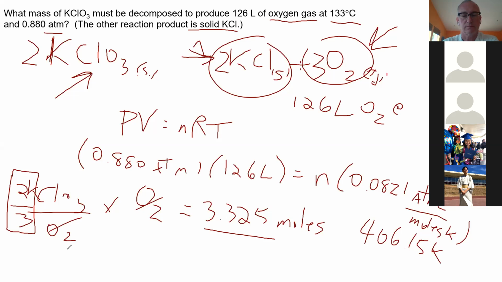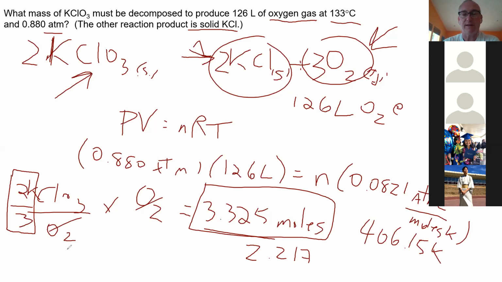All you gotta do is multiply 2 over 3 times the number of moles of oxygen. 2.217. Yeah, 2.217, which makes sense, right?